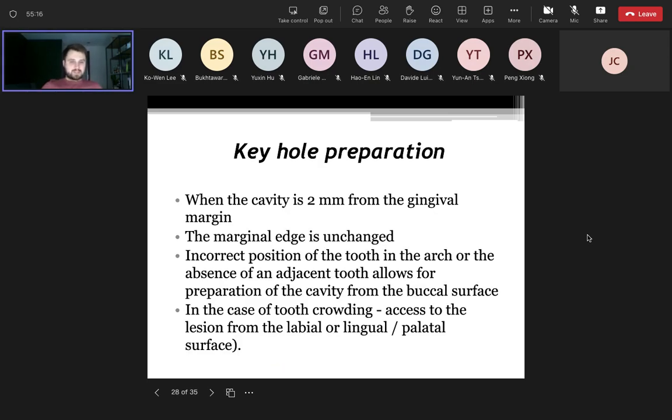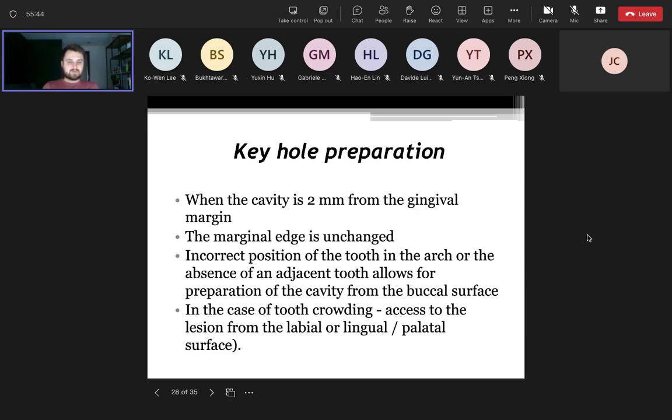Keyhole preparation. This preparation could be done when the cavity is located 2 mm from the gingival margin. The marginal edge is unchanged. The tooth is incorrectly positioned in the tooth arch, or the neighboring tooth is absent next to the one we are preparing.